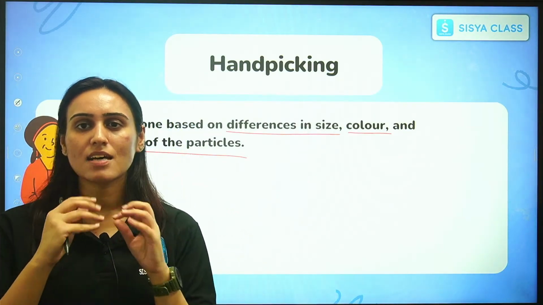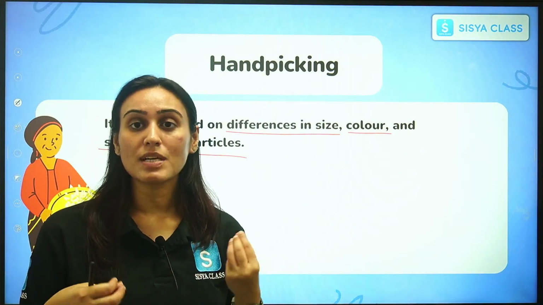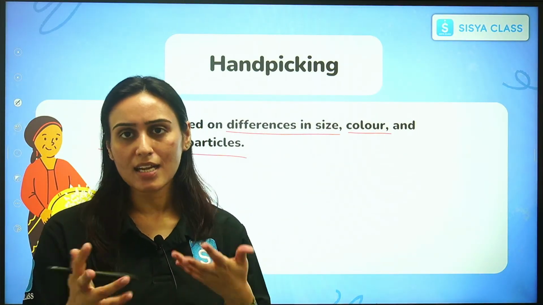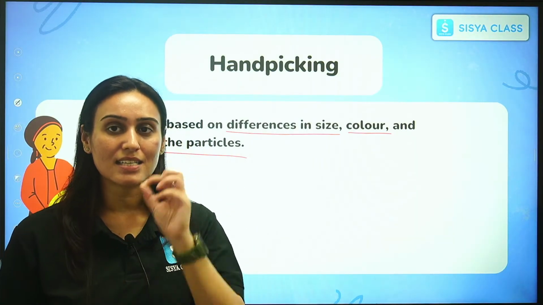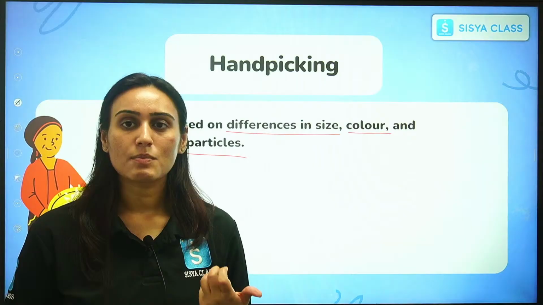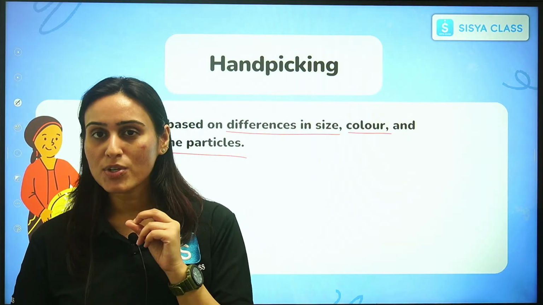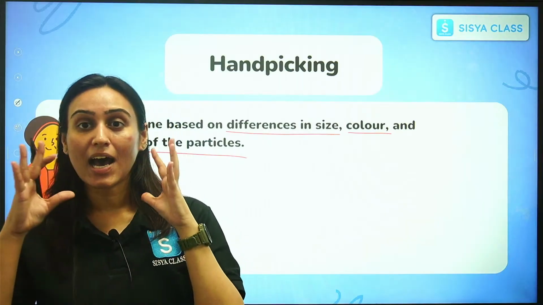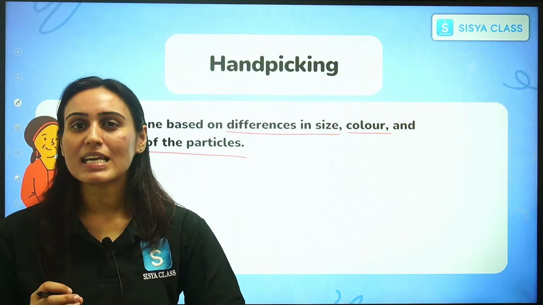If there is some impurity that matches with your pure component, obviously it will be difficult to identify and remove them, right? Maybe there are some stones which are present in your rice which are exactly the same white color. It will be difficult to identify them, and maybe you will eat some of them, right? But if the stones are of different color, and bigger in size than your rice particles, you can easily remove them.